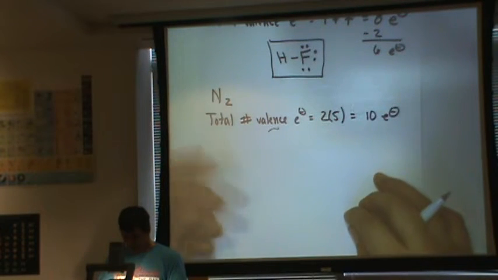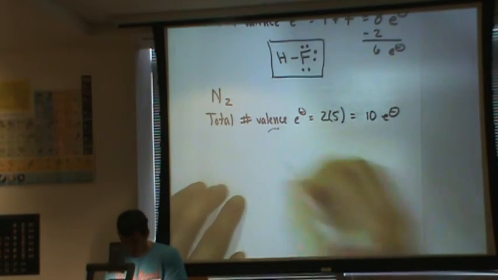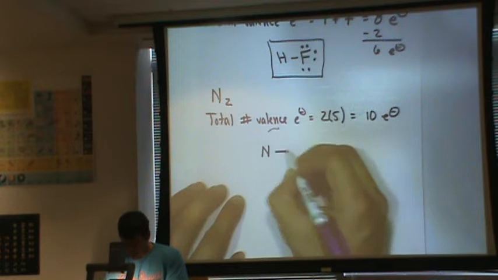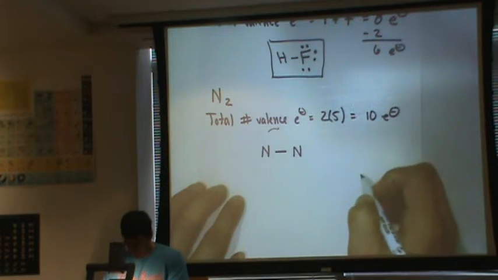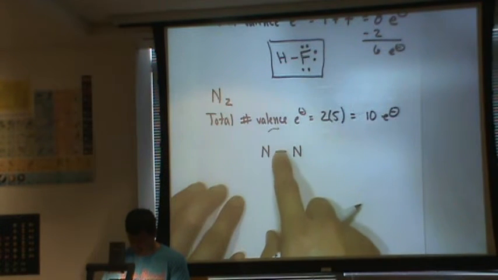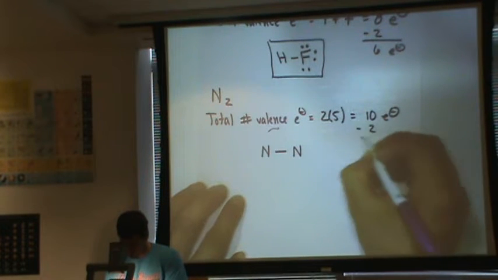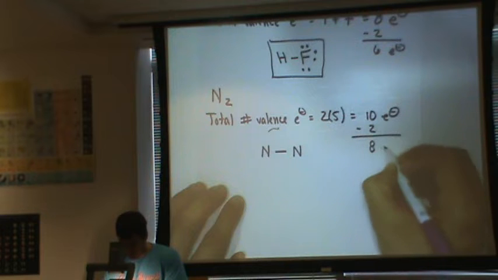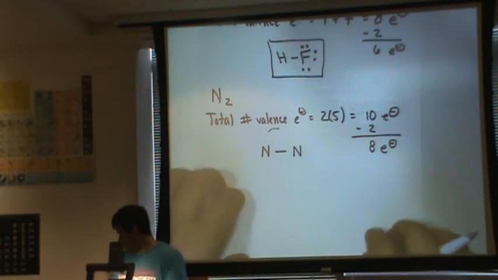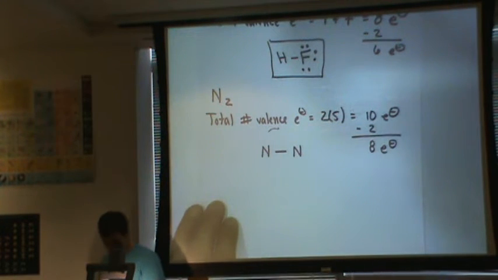There is no central atom for this. We just have 2 nitrogen atoms, so we're just going to draw a nitrogen bonded to a nitrogen. We've used 2 electrons to make this bond, so now we have 8 electrons to play with. There are several different ways to figure this out.